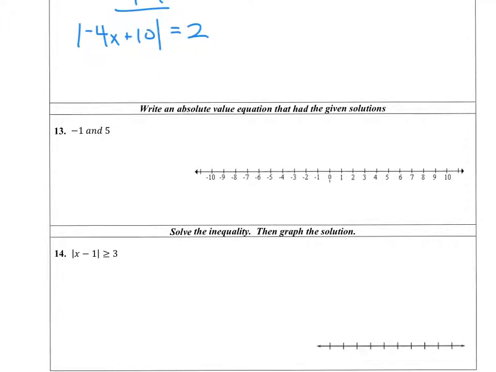On number 13, we're going to write an absolute value equation. They give us the answer. So basically, you want to plot these points. Now you need to first find the midpoint. Find the middle in between these.